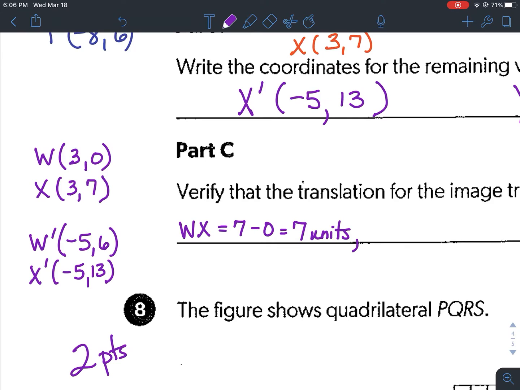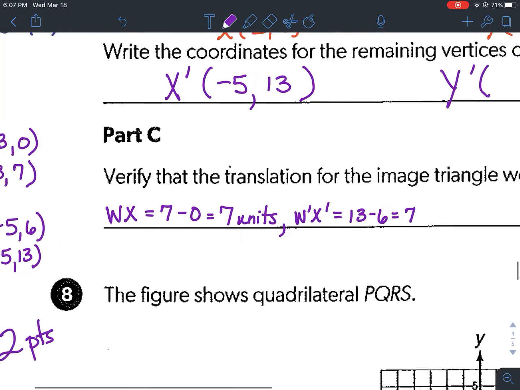And then I'm going to find the length of W prime X prime. So again, see how the -5's are the same. So we wouldn't use those. We would use the 6 and the 13 to figure out the length. So W prime X prime would be 13 minus 6, and 13 minus 6 again is 7.